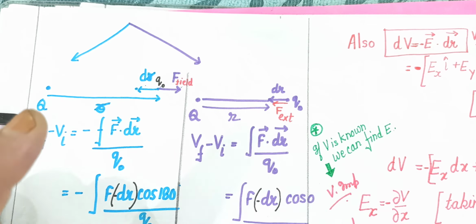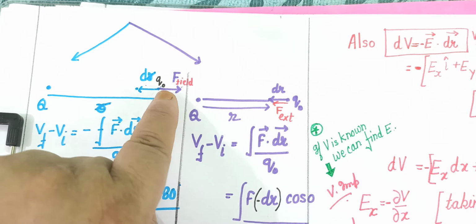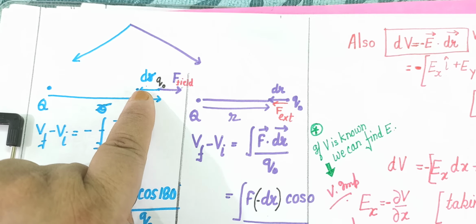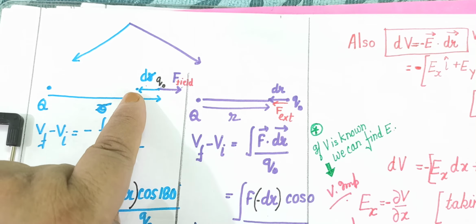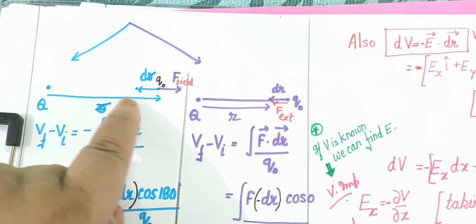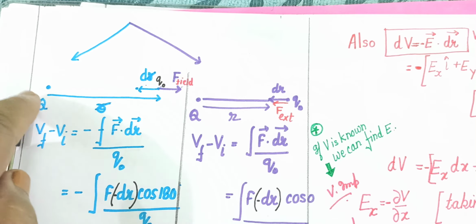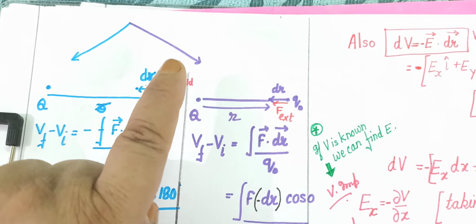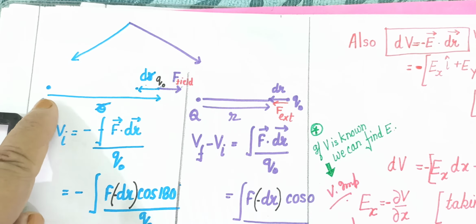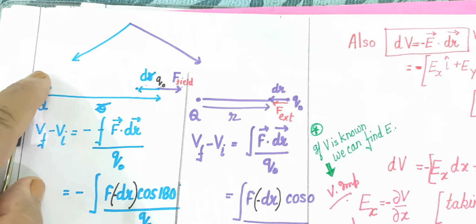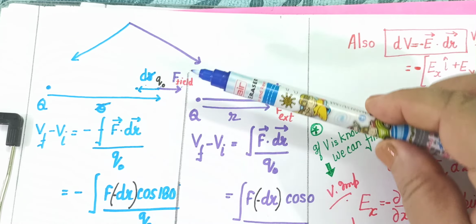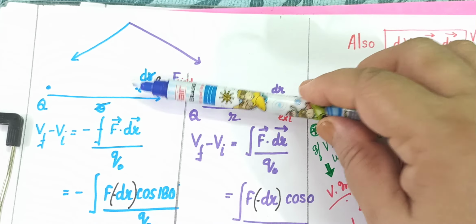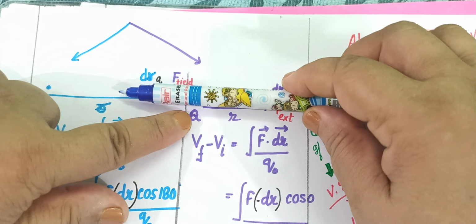But the displacement dr is taken from initial towards final, while position of Q naught, any position of Q naught, is considered from charge Q, the origin is here. So you can see the position R and the displacement dr are opposite to each other.